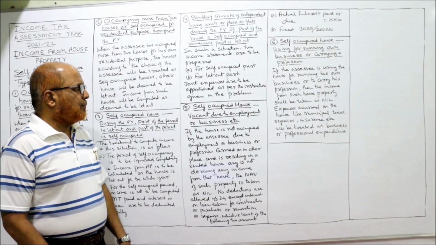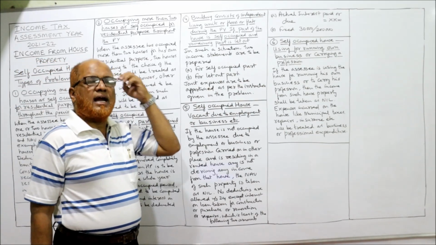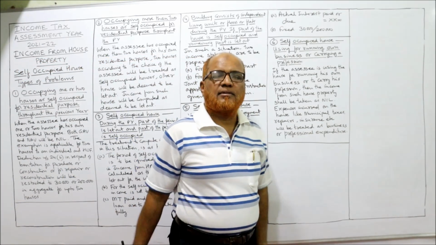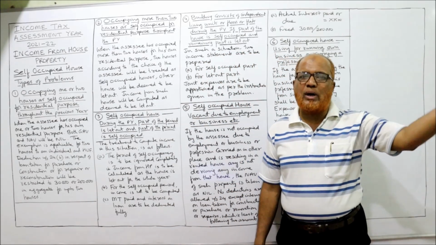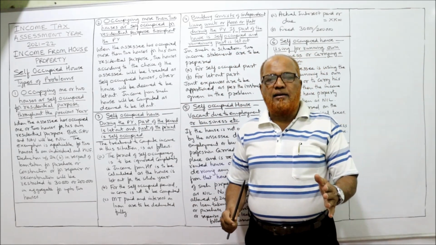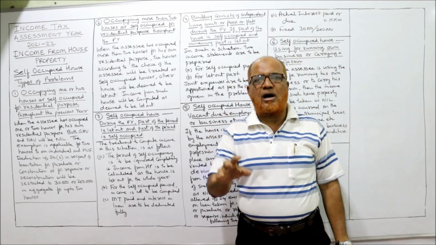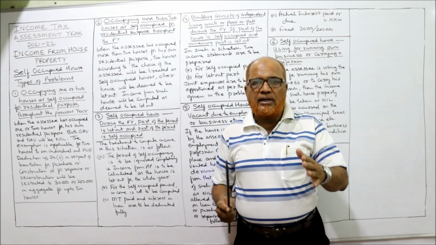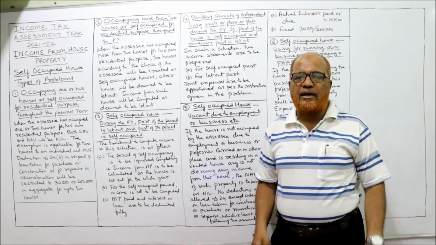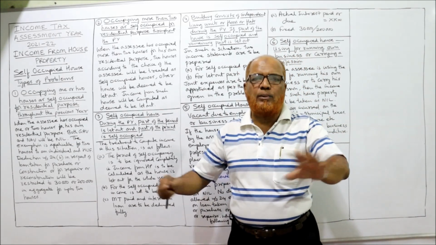Then the next one, the fifth: self-occupied house vacant due to employment or business, etc. Sometimes an assessee will be transferred from one place to another place. Presently, at place X, the assessee has his house. Now he is transferred to place Y. Due to the transfer from X to Y, the assessee has kept his house vacant throughout the previous year.